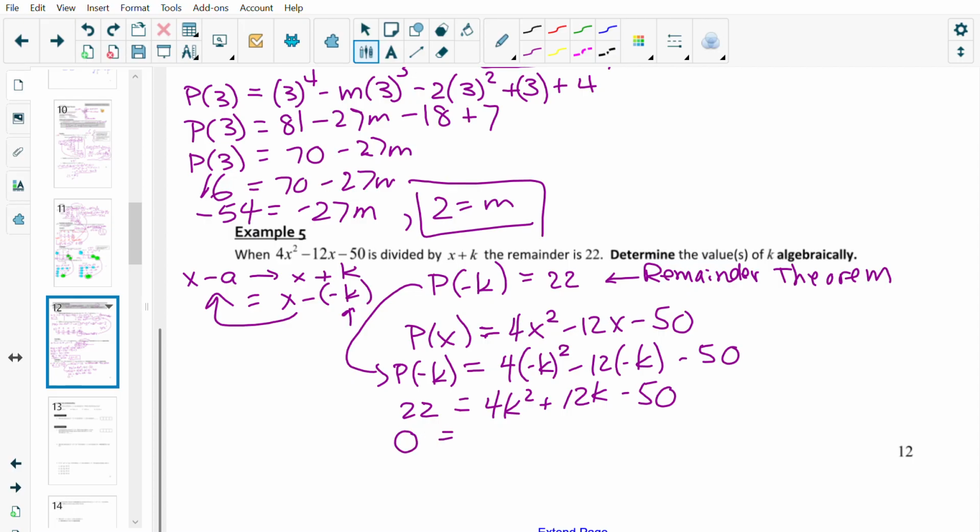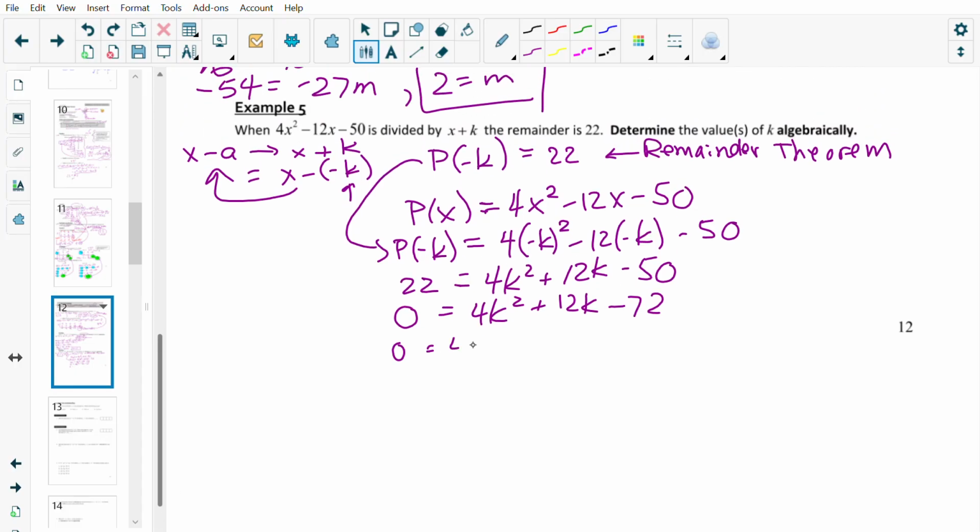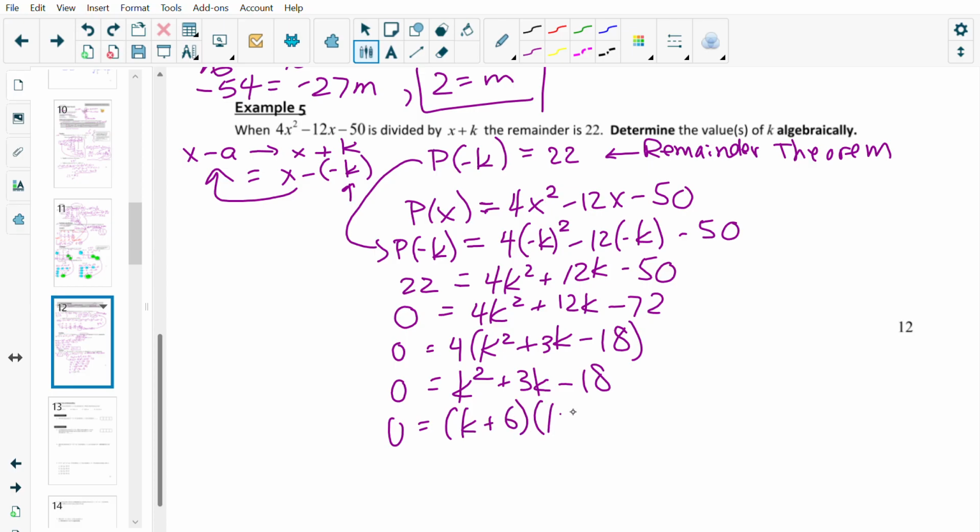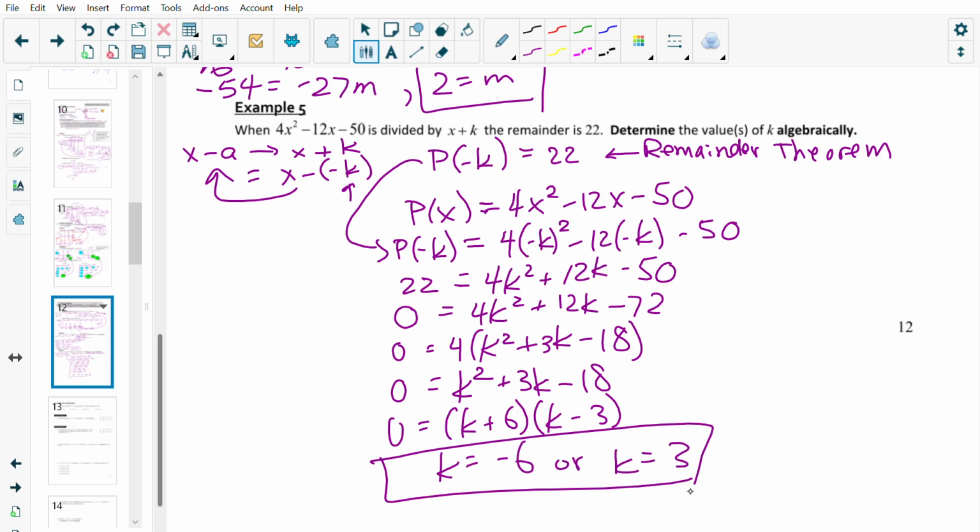Let's solve this quadratic. So here we go. Okay, done.